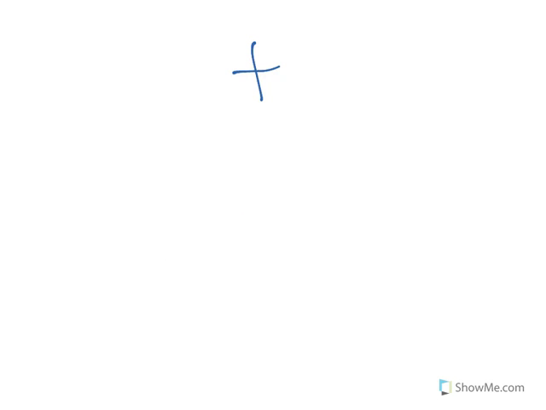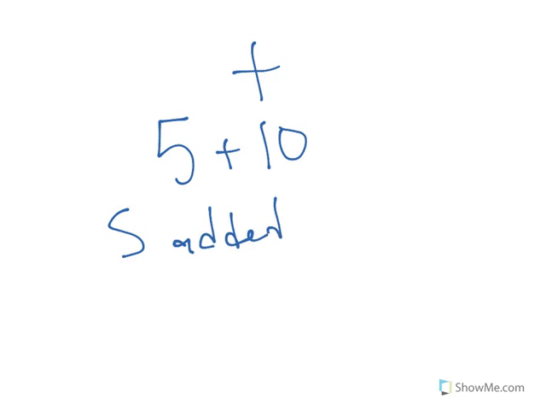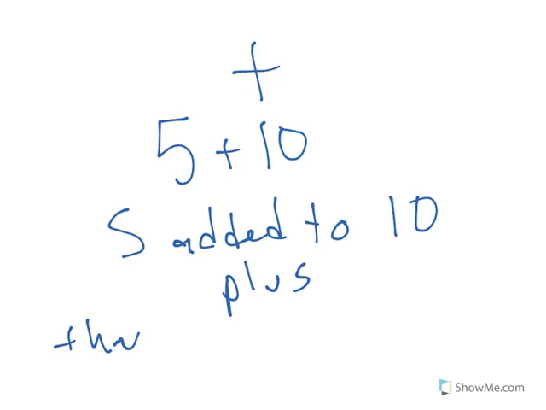So in addition, let's take the sample problem of 5 plus 10. What are the different ways we say that? We could say 5 added to 10. We could say 5 plus 10. We could say the sum of 5 and 10.